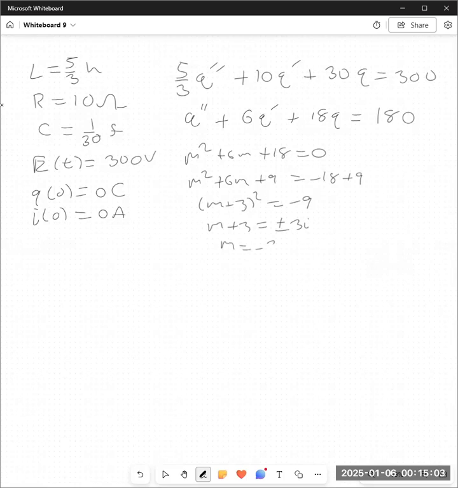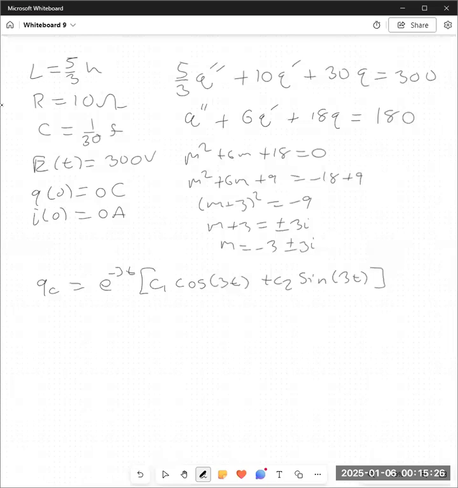M is equal to -3 plus or minus 3i. Now I'm going to need a complementary and a particular solution here. So my QC is going to be equal to e to the -3t times the quantity C1 cosine of 3t plus C2 sine of 3t.